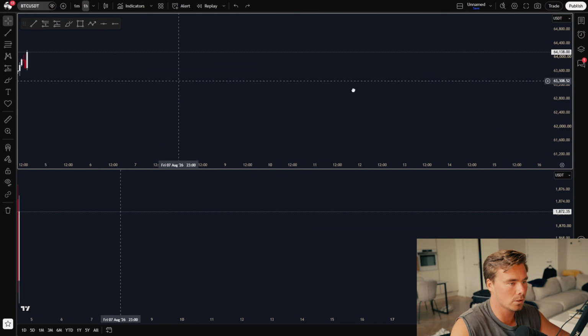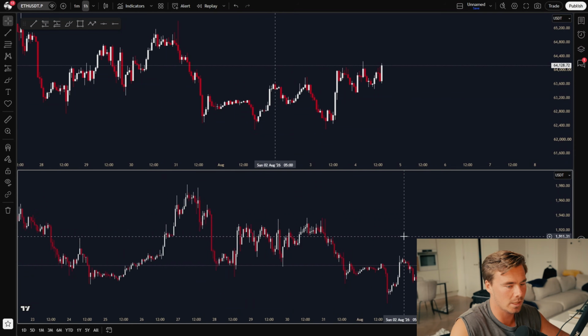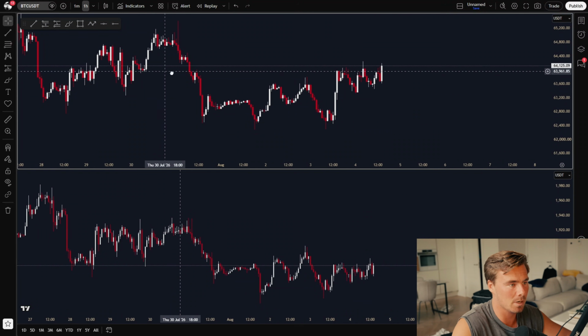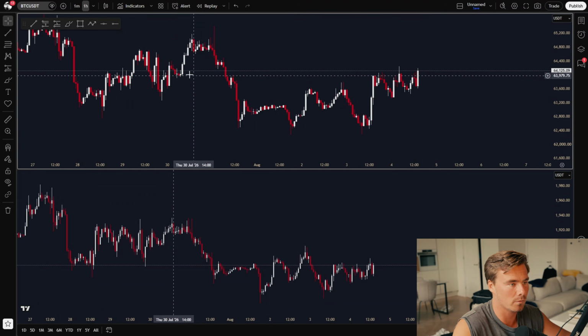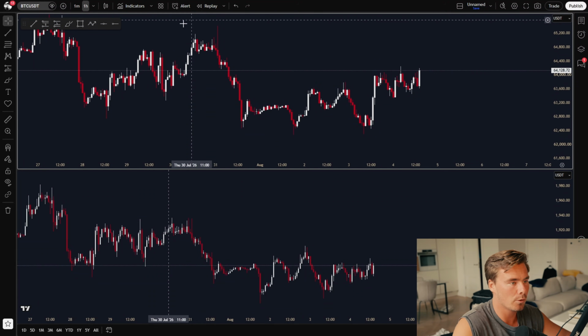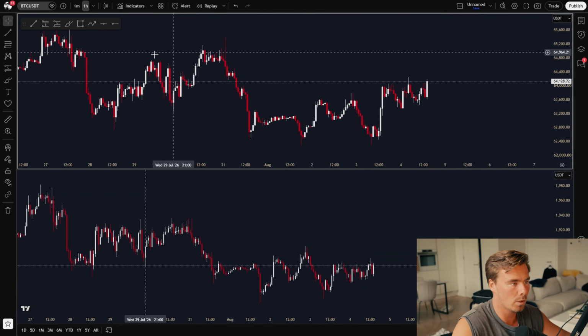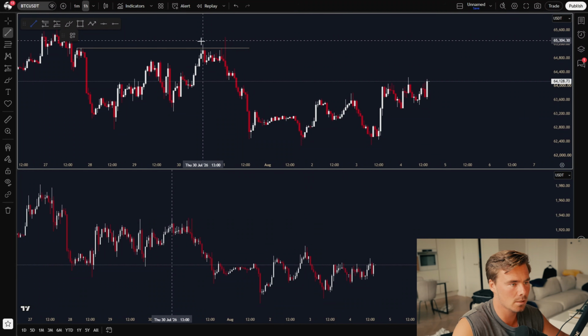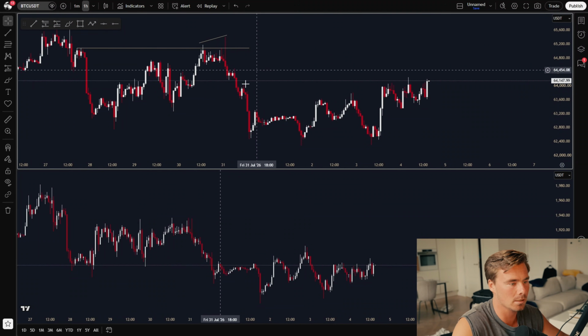Now, if we go to the live Bitcoin and Ethereum chart and try to identify a live SMT divergence from the past, to make my point and show you how powerful this is, we can see right over here at the top where Bitcoin was tapping into a lot of buy-side liquidity, because context always matters, that Bitcoin was forming a higher high last week.